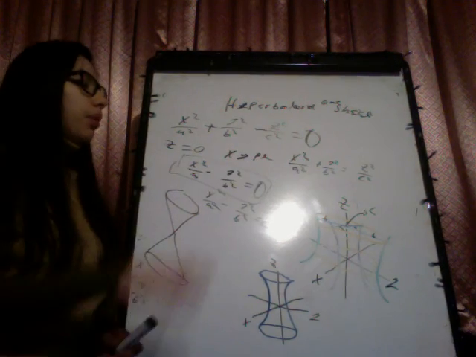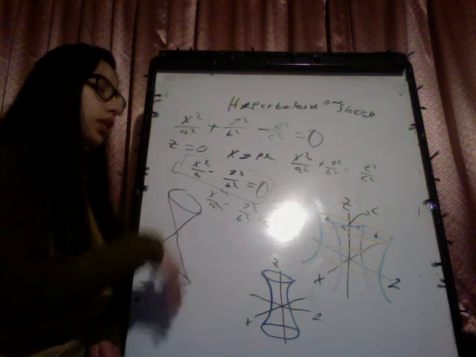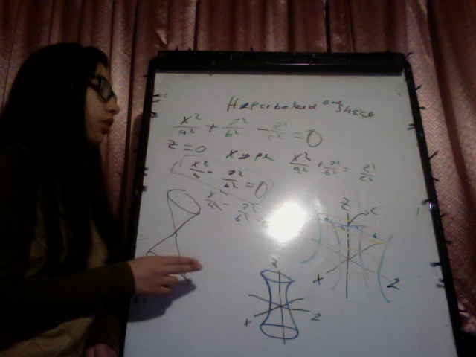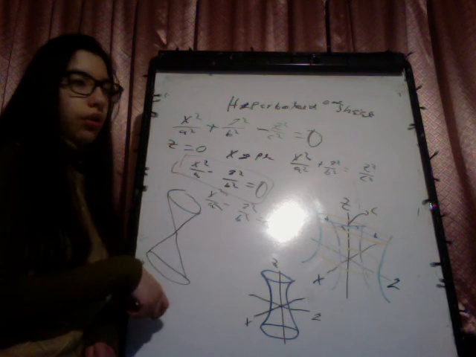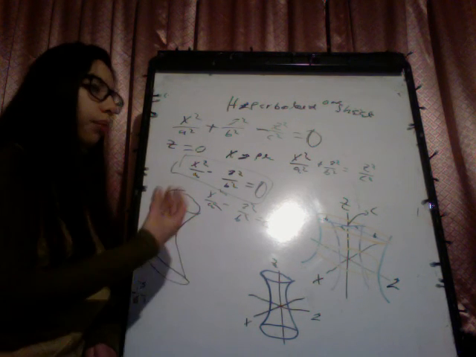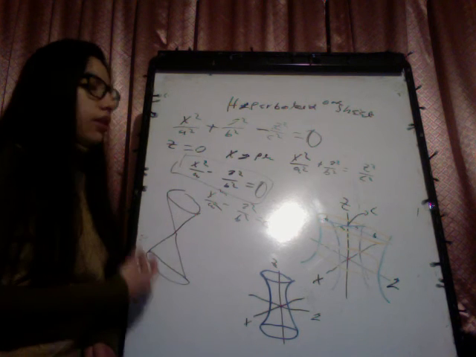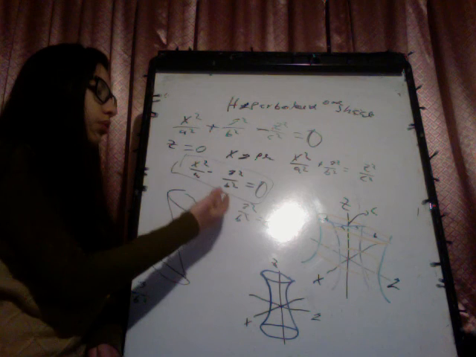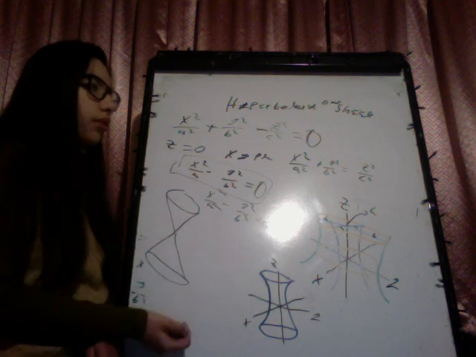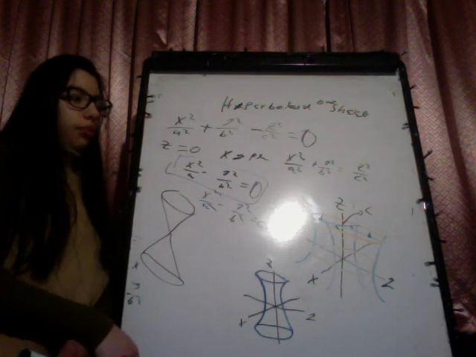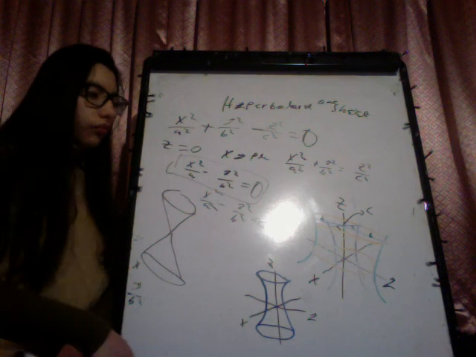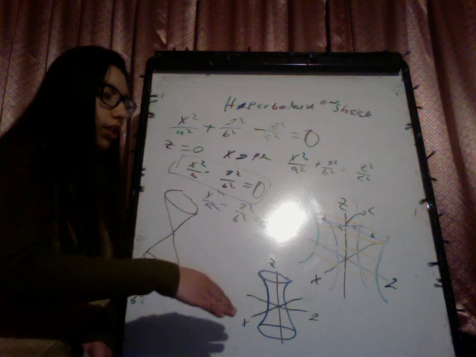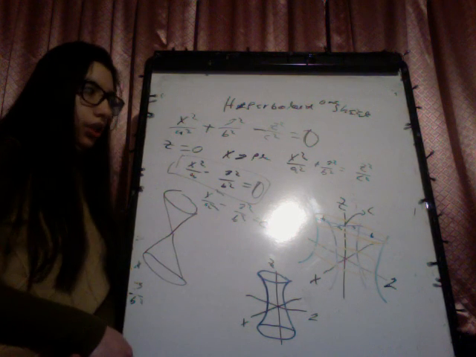So this hyperboloid and the ones I'm going to show in the next video are asymptotic to the elliptic cone, the same way as the hyperbolas in the xy plane are asymptotic to the lines x squared divided by a squared minus y squared divided by b squared equals 0. And as you can see, there is symmetry in the three coordinate axes.